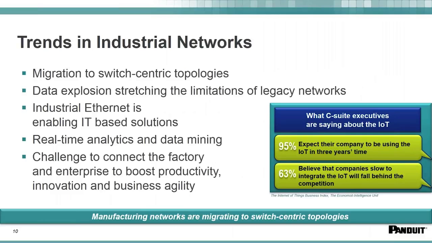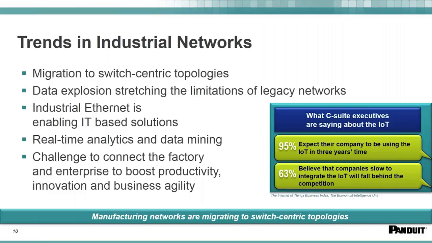So this is becoming a real big trend in industrial networks, and there are some other trends taking place to support this. One of those is the migration to a switch-centric topology instead of having a controller or a PLC type central topology.